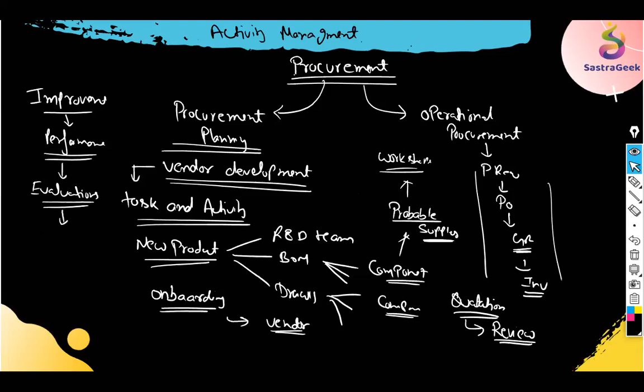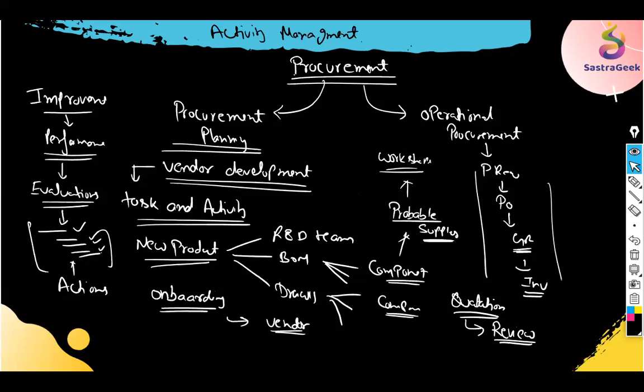Based on the evaluation, you will define certain actions that the vendor needs to take to improve its delivery, quality, and overall performance, and you would work with the vendor to make sure that all actions have been done. If you find that the performance is not good, you would decide, in that same category, to analyze and develop a new vendor. A new vendor needs to be developed. So all these activities need to be done for new vendor development.